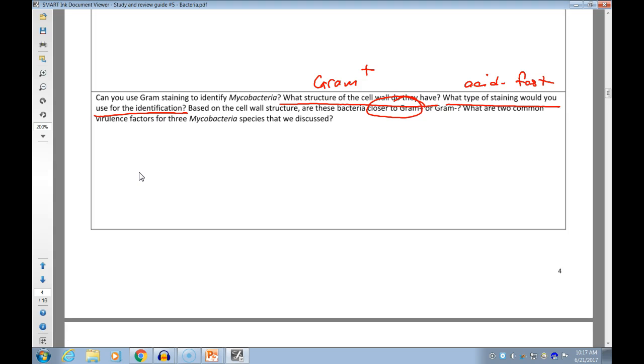What are common virulence factors for all mycobacteria? Capsule and intracellular replication. Very good. Brilliant. What makes them resistant to destruction during intracellular replication?